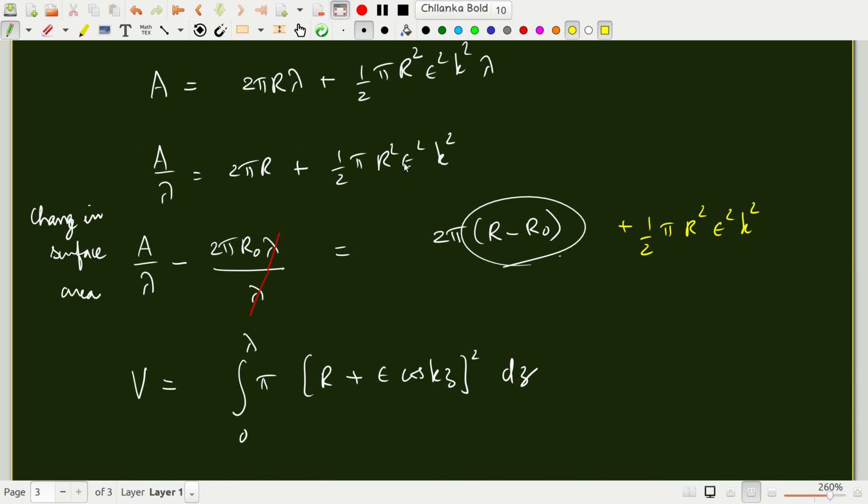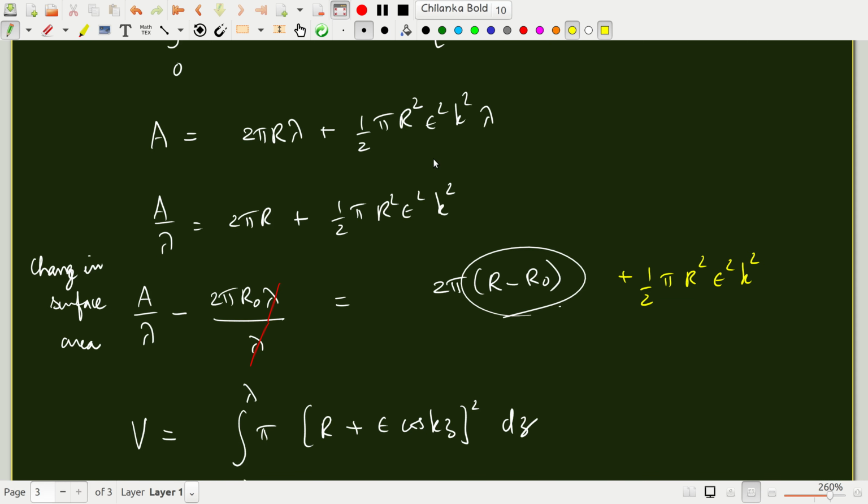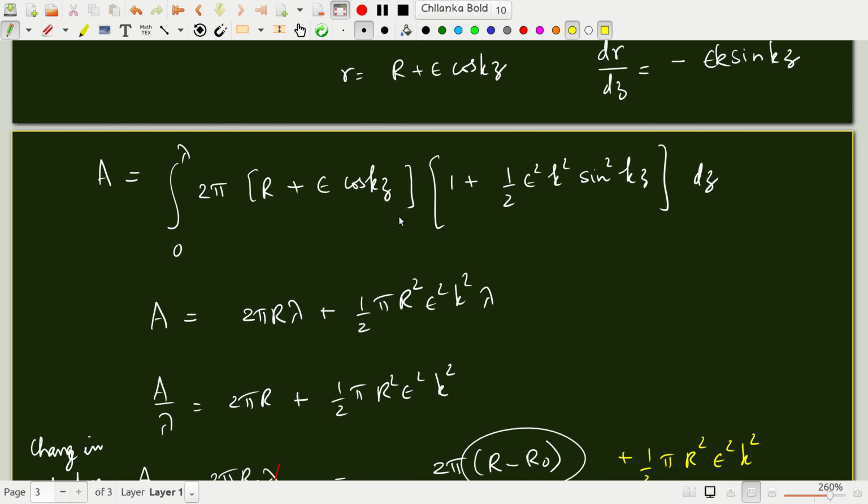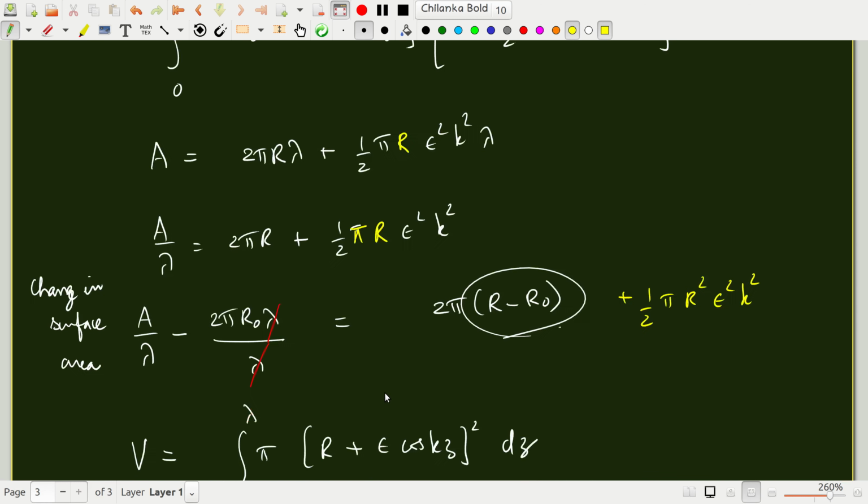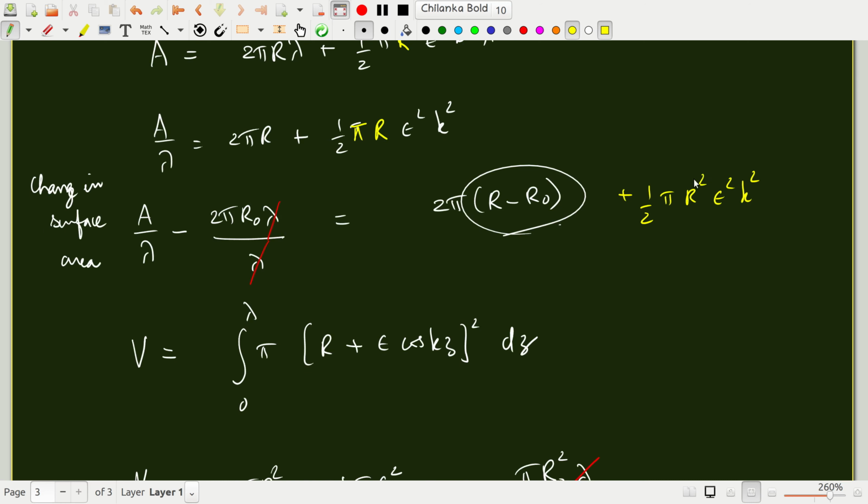There is one minor term, that is this should not be r squared, this is pi r. That was the point I was missing. Sorry about this. This should be just pi r. That was what I was figuring out, because dimensionally things aren't consistent. So this should be pi r.